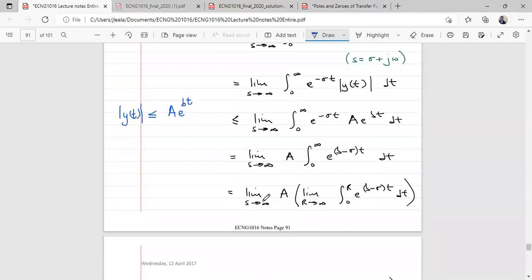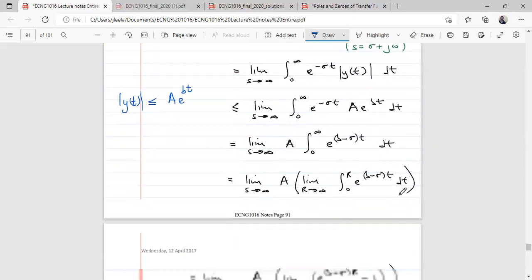Then you take the limit as s approaches infinity, and you change the upper limit infinity to r, and take the limit as r approaches infinity. The integral between 0 and r of e to the (b minus sigma) t dt.